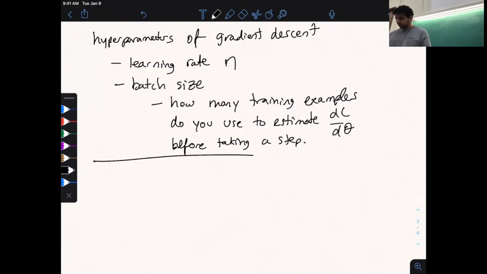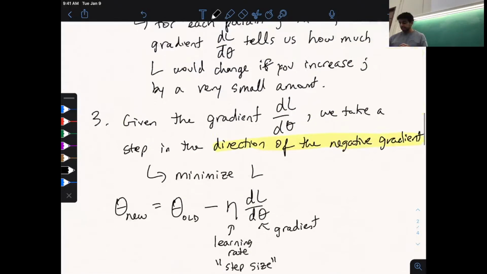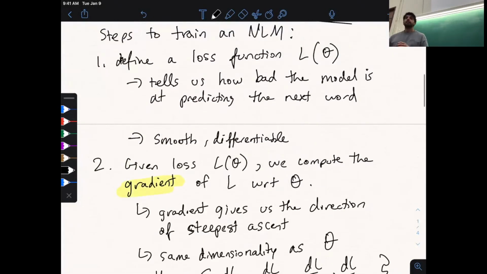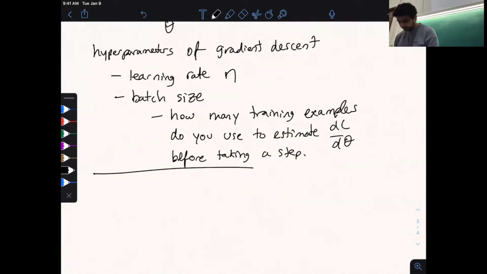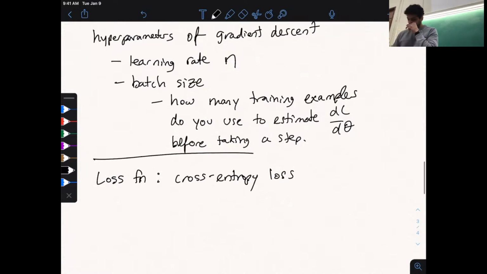All right, so that is gradient descent at a high level. Now let's start specifying the first 2 steps here. So the first step was to define a loss function, but I didn't tell you what that actually means, right? What is the equation that we're using here, and why are we using this particular function? So let's start there. Okay, so our loss function is the cross entropy loss.